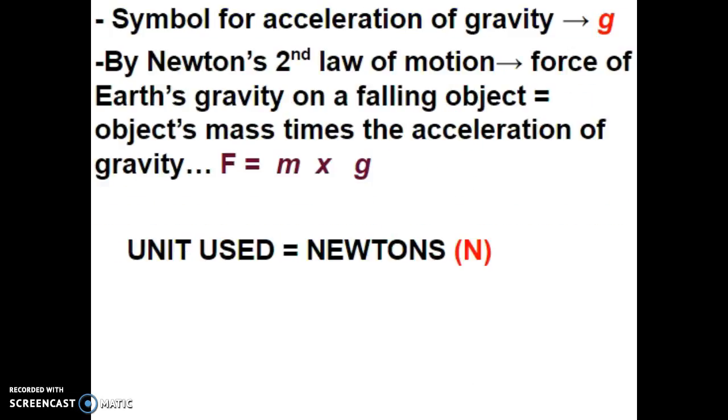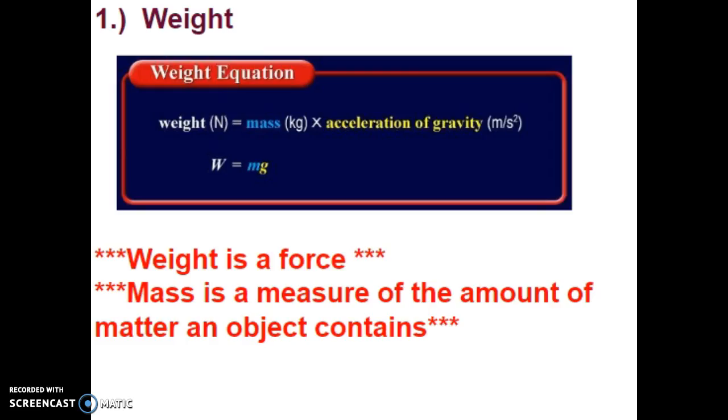We use the symbol for the acceleration of gravity, a little g, and we can use Newton's second law of motion to calculate how much force it takes to move that object. And remember, the unit that we use when we talk about weight is newtons. We can calculate weight by taking the mass of the object and multiplying it by the acceleration of gravity. In all of our physics math problems, that little g is going to be 9.8 meters per second squared.